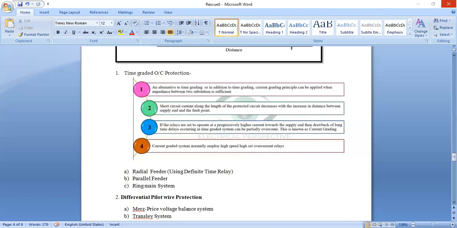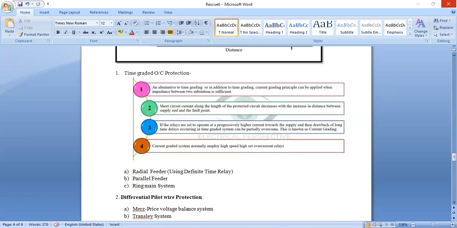It is the scheme of the overcurrent protection in which time discrimination is incorporated. In other words, the time setting of the relay is so graded that in the event of a fault, the smallest possible system is isolated.